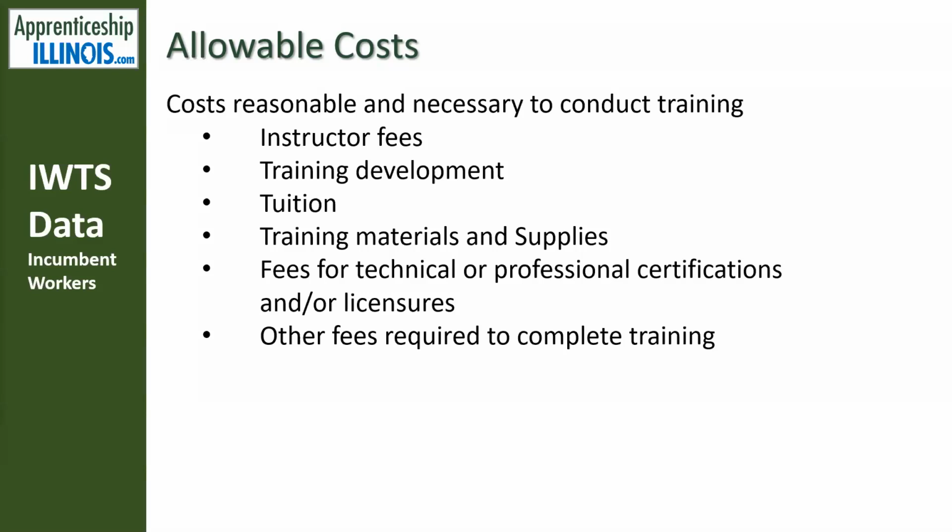Some larger employers have their own internal training departments, okay? So we try to avoid the corporate welfare approach and reimbursing companies for activities that they already have the resources set aside to do. Okay, and the policy letter goes into some detail on what's allowable and what's not.